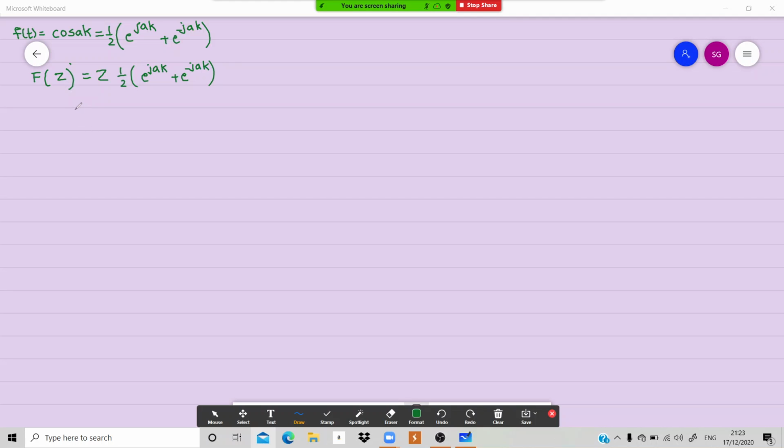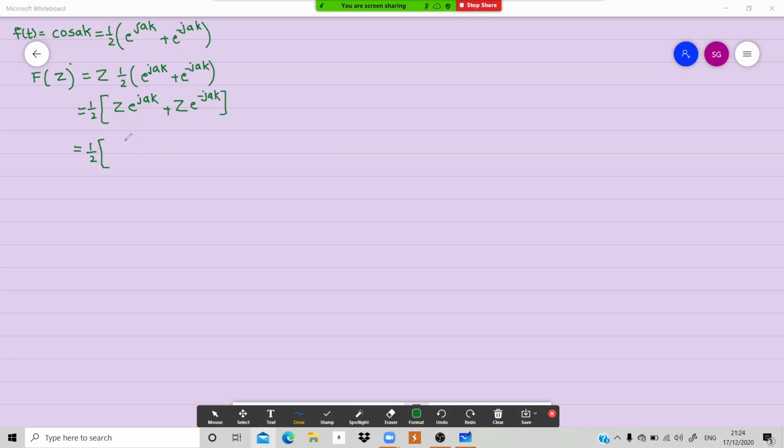So we'll open the brackets, and Z transform we can distribute over addition. So we'll have half inside the bracket, Z transform of e raised to jak plus Z transform of e raised to minus jak. We had seen what that Z transform is, so I'll use that previous formula.